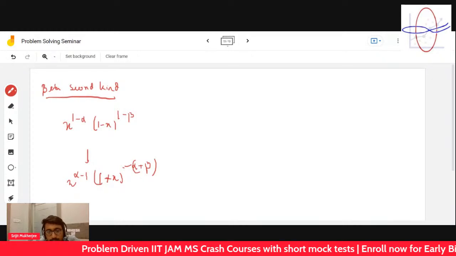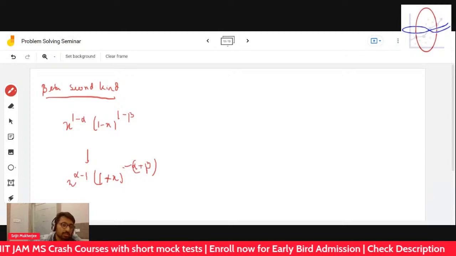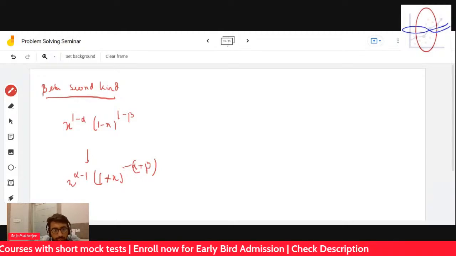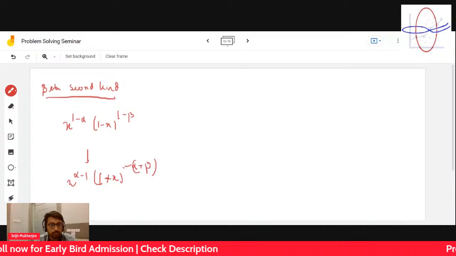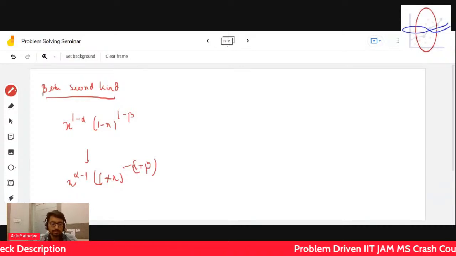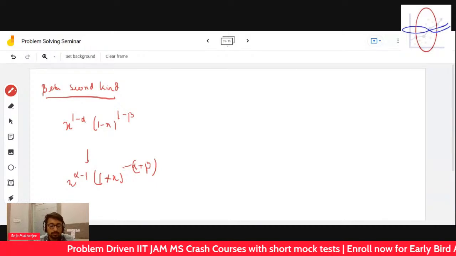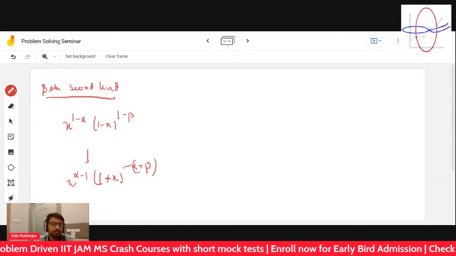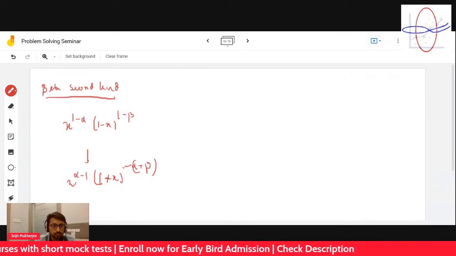You can find the moments and all this stuff, but how is it related to gamma distribution? Can you tell me the proper result? If x follows gamma something, y follows gamma something, then the ratio x by y.